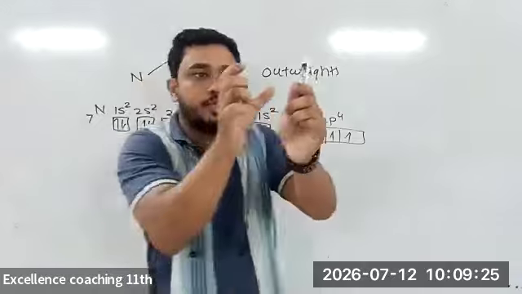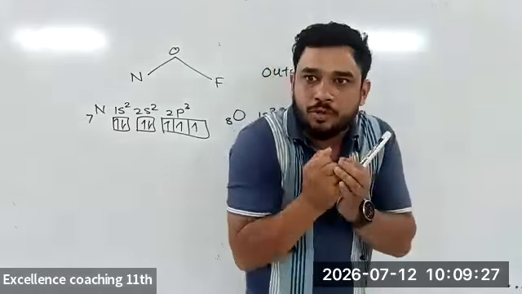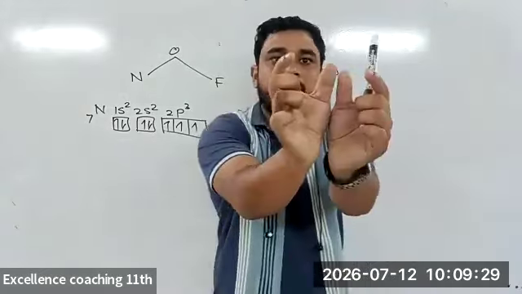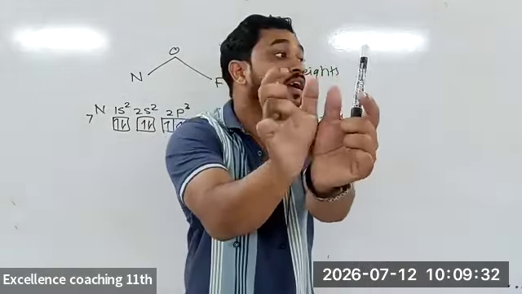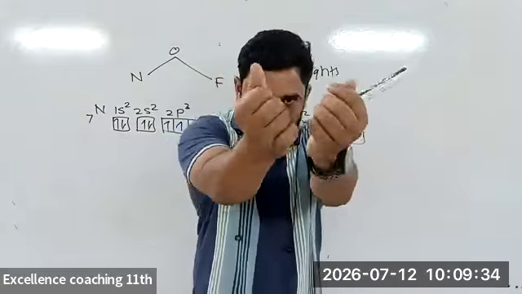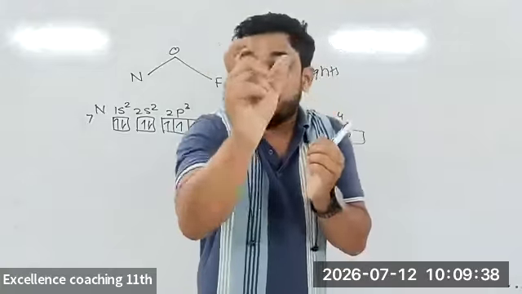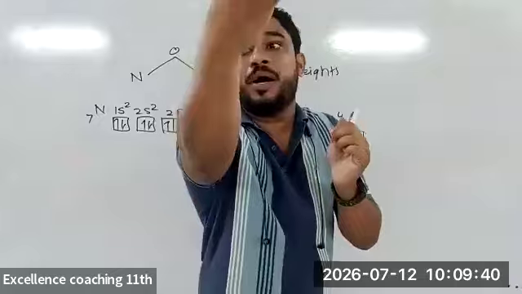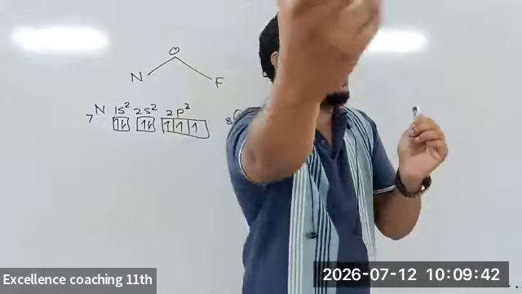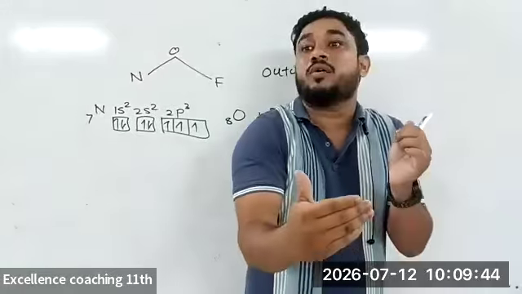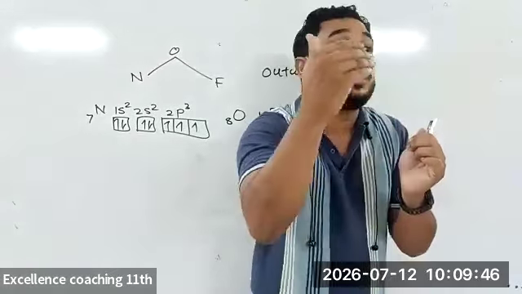There are two things here. One is effective nuclear charge and the other is inter-electronic repulsion. Effective nuclear charge means atomic radius should decrease, yes or no? But inter-electronic repulsion is so much that it outweighs and cancels the effective nuclear charge.